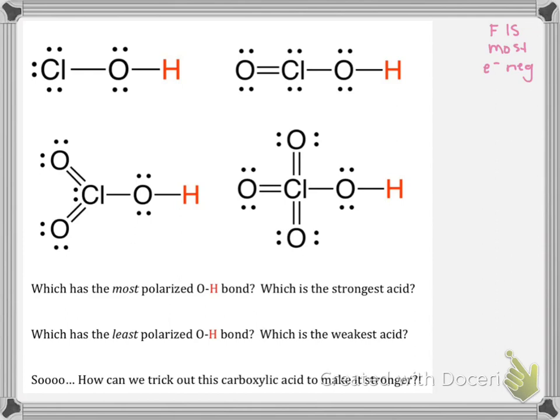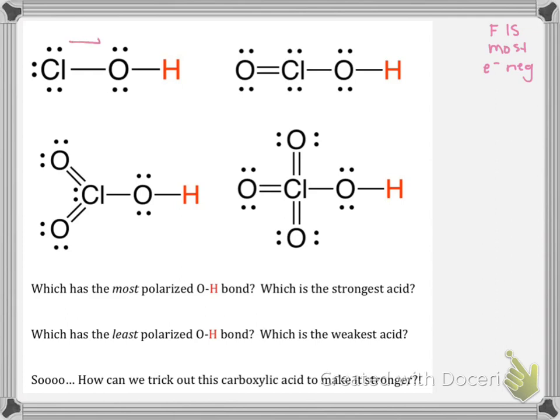Okay, so if we were to draw in how the electrons are moving, or draw an arrow toward which atom they're more attracted, we can think about which bond is most polarized. So looking at this first molecule, oxygen is the most electronegative atom.